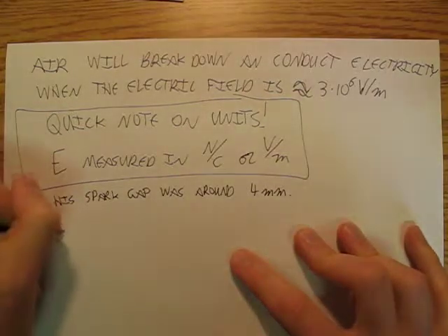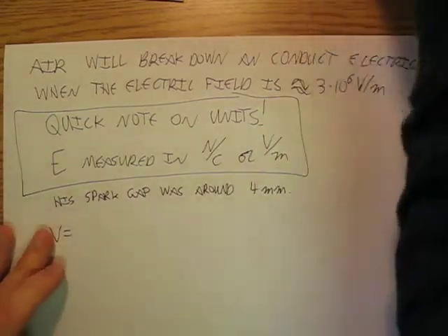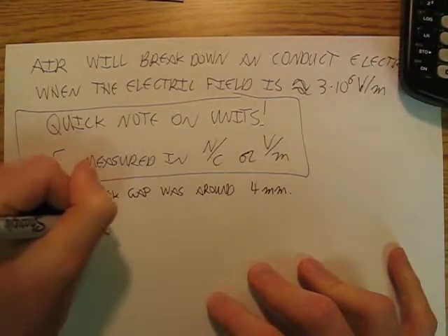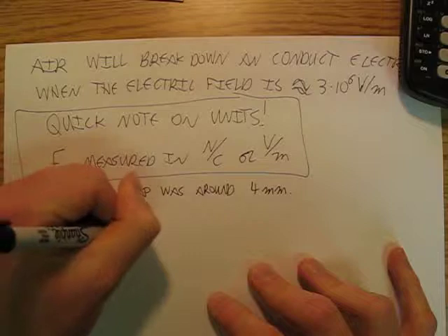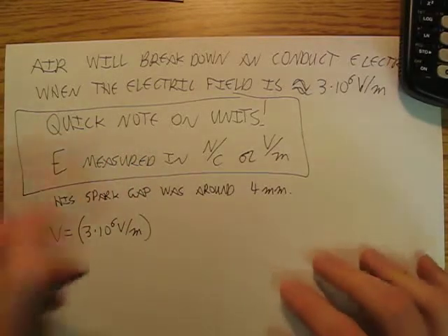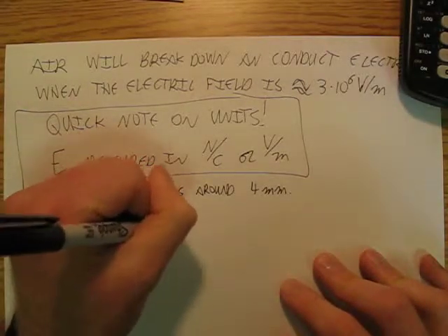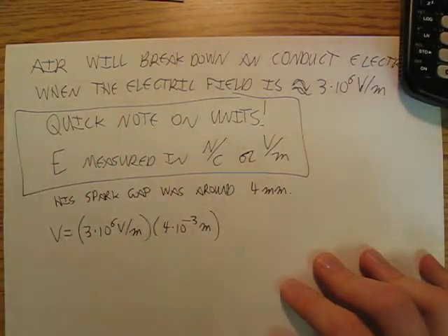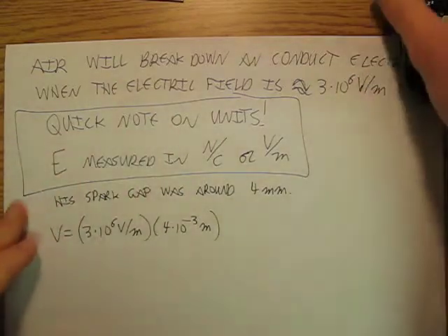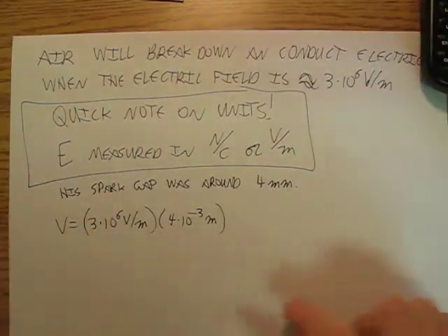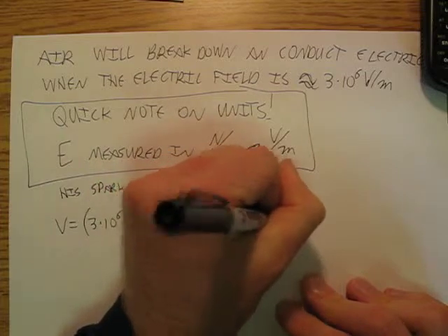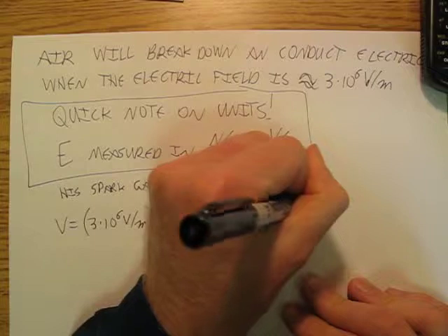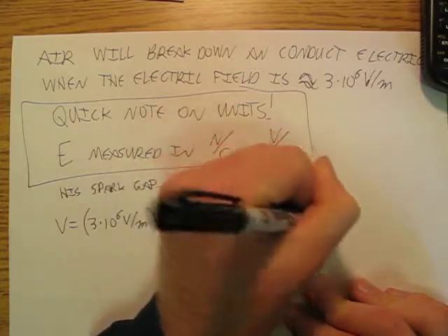So his voltage was going to be 3 times 10 to the 6 volts per meter times 4 times 10 to the negative third meters, which is 12 times 10 to the third volts.